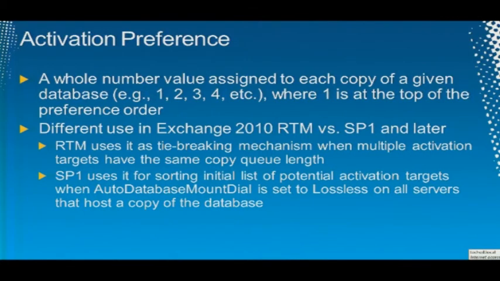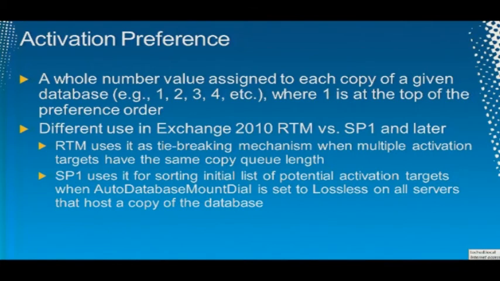Again, going back to that auto database mount dial. Obviously, the ones with the lower copy queue lengths are more up to date, so they're higher in the list. But if we have two copies of the same database that happen to have the same copy queue length, in RTM, we will then use activation preference as a tiebreaker. In that case, the one with the lower activation preference shows up in the list first.